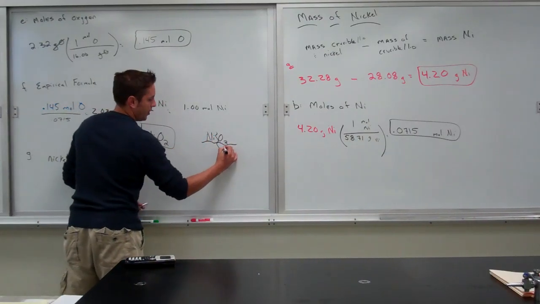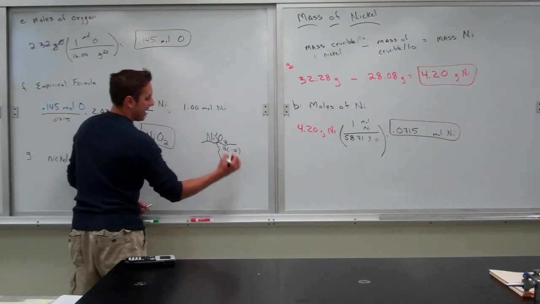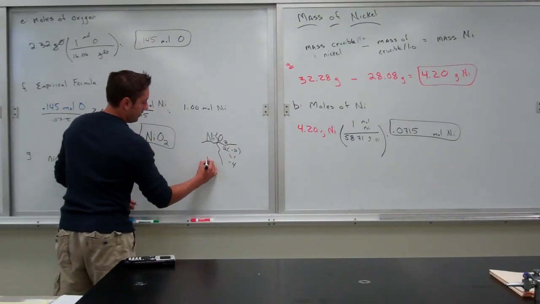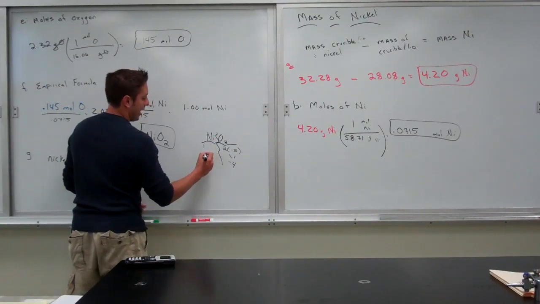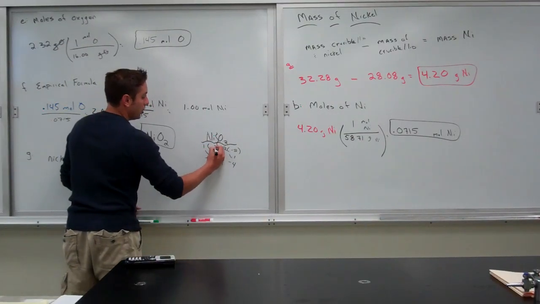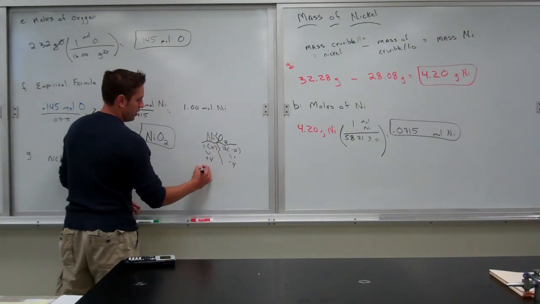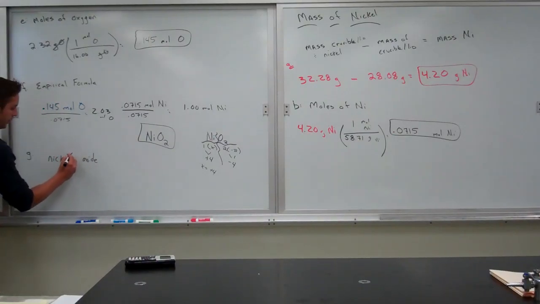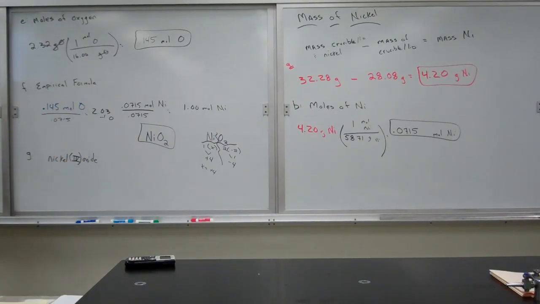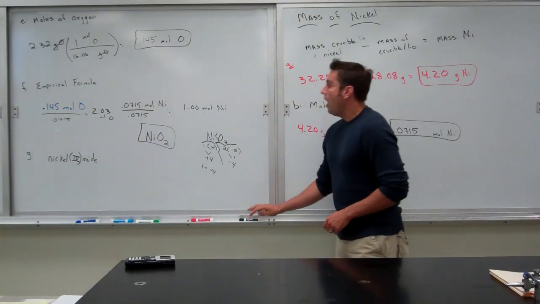You take the number of O's, 2 times O's charge, -2, means that side is a -4. This side has to be a +4 to cancel. I only have 1 nickel, so what has to be the charge on that nickel to make that statement true? X has to be +4, which means it's a Roman numeral IV. So the name of that compound would be nickel IV oxide.